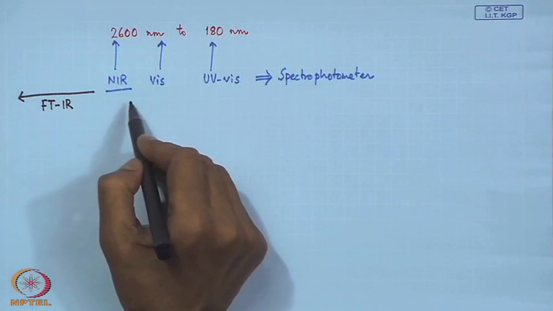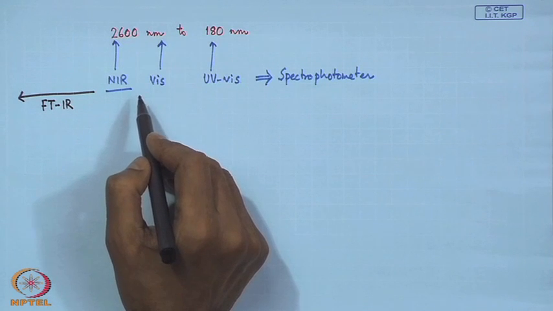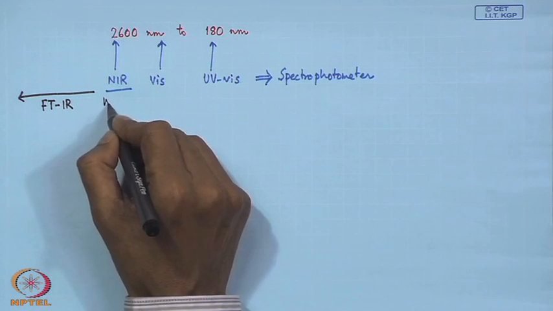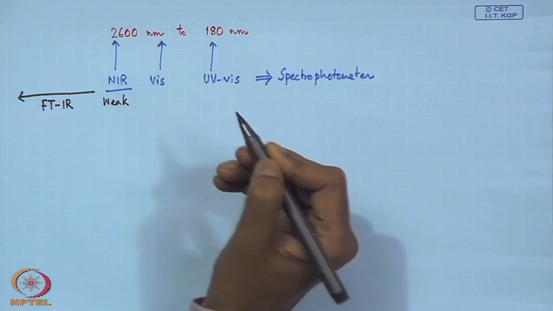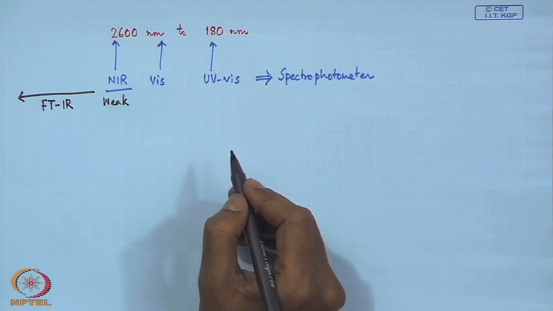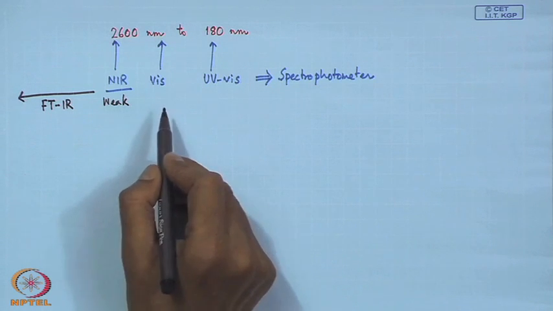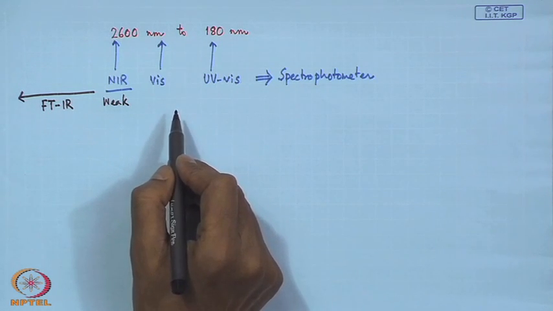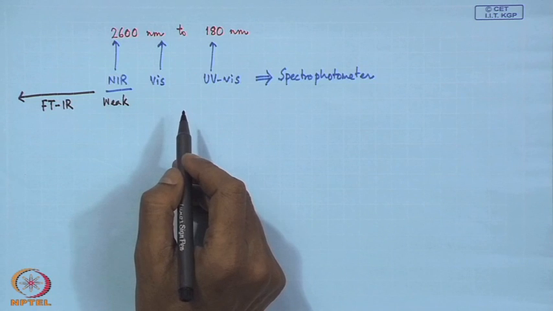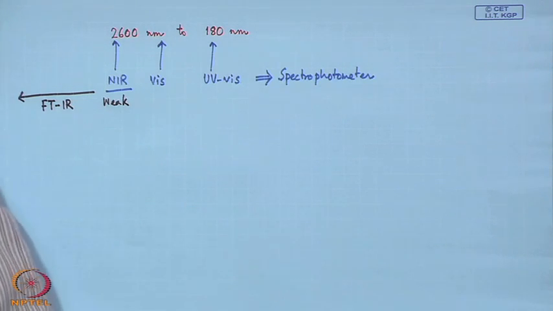The NIR bands are sometimes very weak, but can give some significant information, and if we are able to get those values we can have a good correlation for the different electronic structures of the system, that means the corresponding metal complexes.